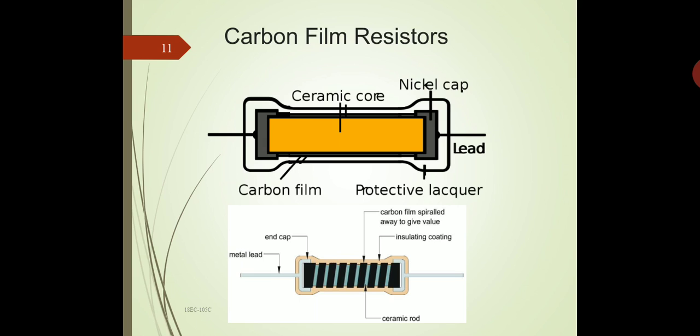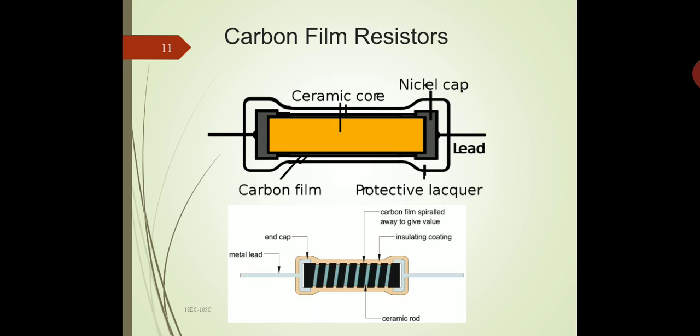This is done to control the value of resistance that you are going to manufacture. Here the length will increase, so you will have the chance to change and fix to your required value.